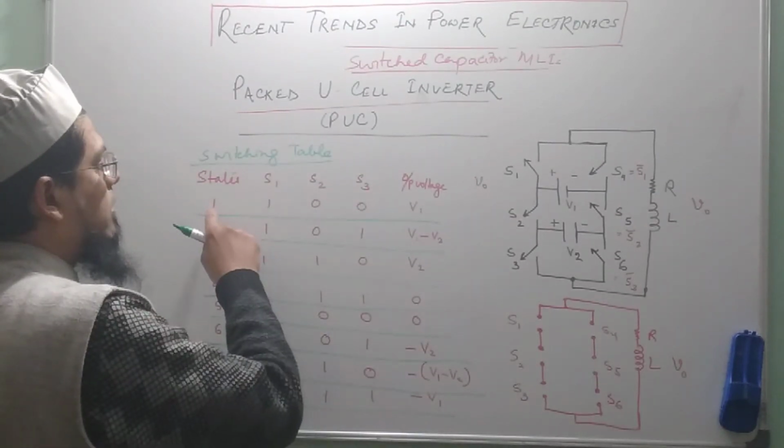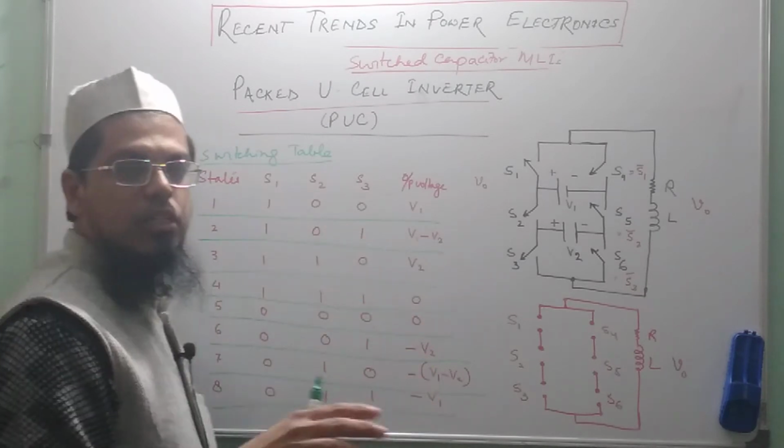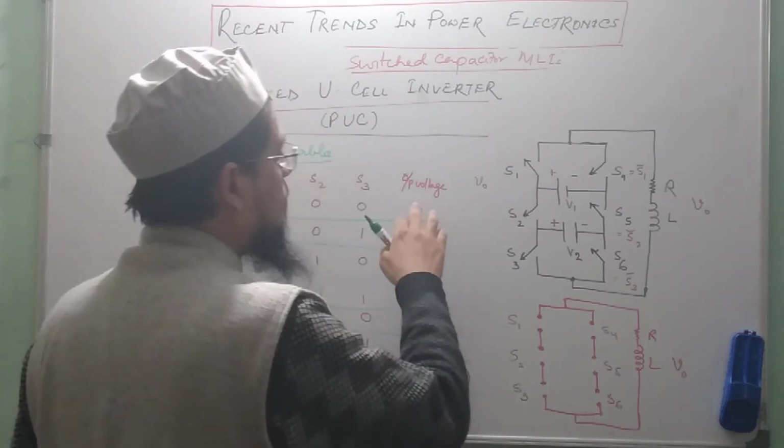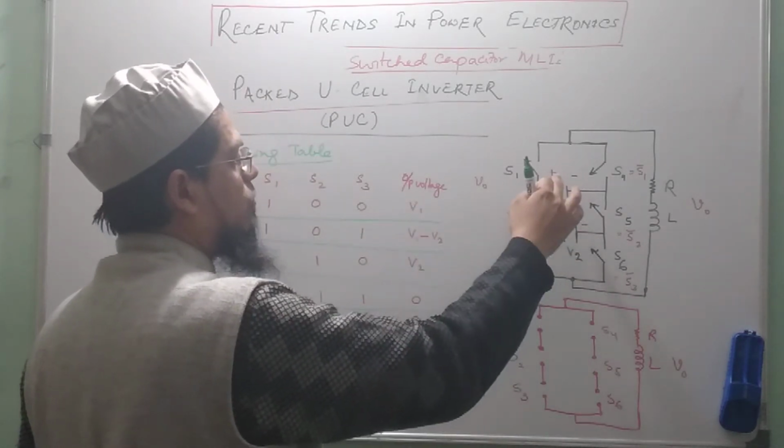So when state 1 is on, the output voltage is V1, which is the battery voltage.